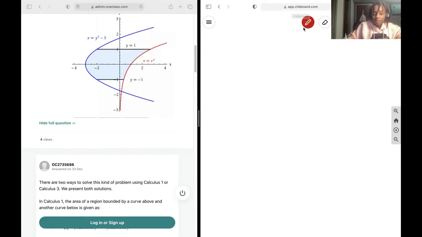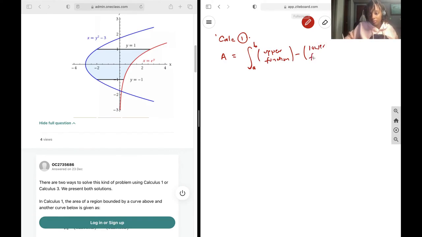Okay, so first, for our Calculus 1 method, we know that the area can be determined by integrating from a to b the upper function minus the lower function over dx if x is bounded by a and b.